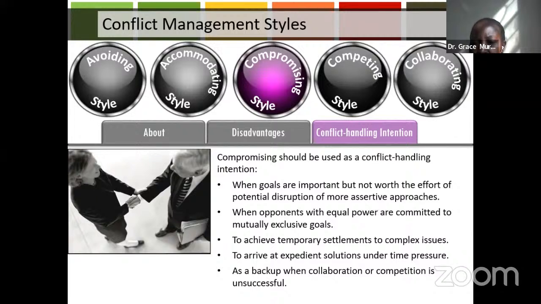Competing. One of the best times to use the competing style is when we really don't have time, and whatever issue is on the table is really important. There is no time to bring in the ideas, the debates and the disputes.